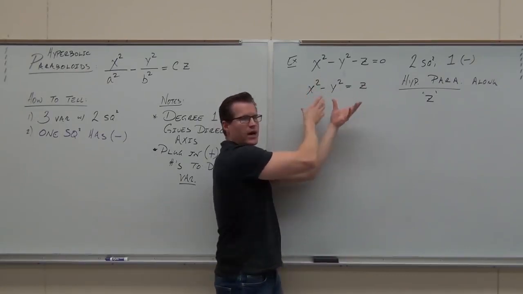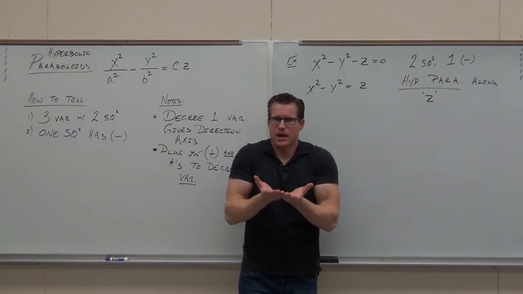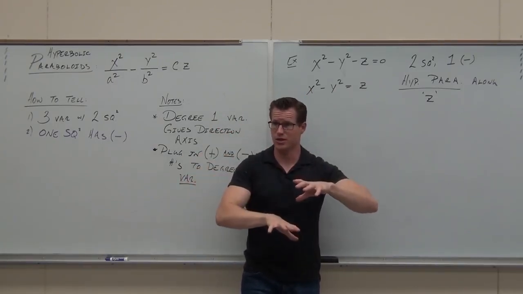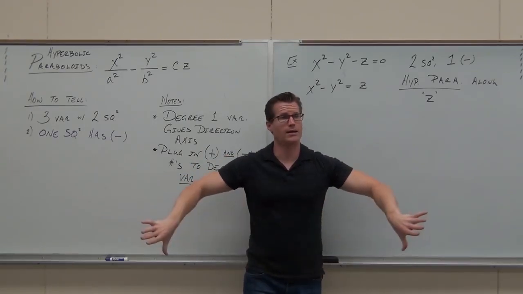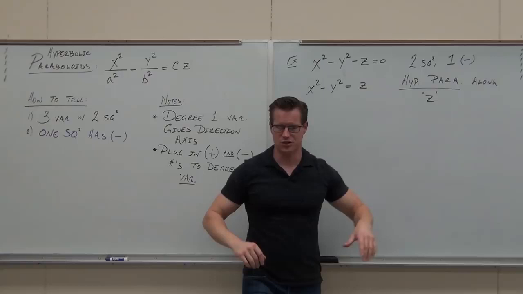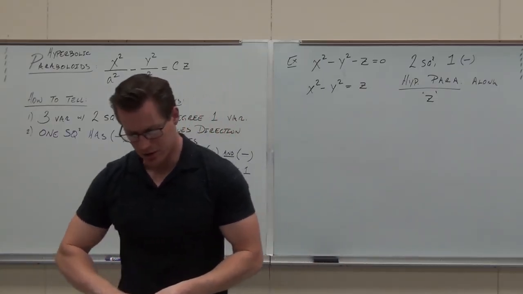It's going to switch around to be y squared minus x squared. So above the xy plane, I get hyperbolas along the x-axis. But below, since my sign changed, I get hyperbolas along the y-axis. Do you see what I'm talking about? That's going to create a really weird shape. I'm going to show you this in just a minute. I can't draw it by hand, but I'll show you how to do it.